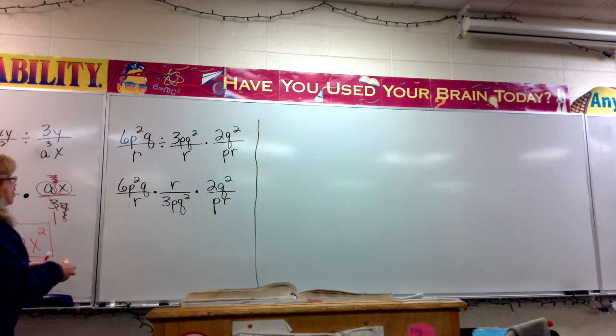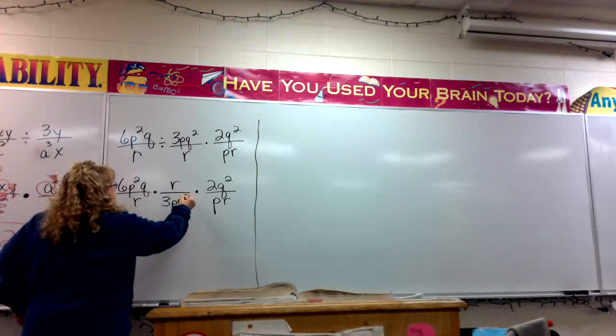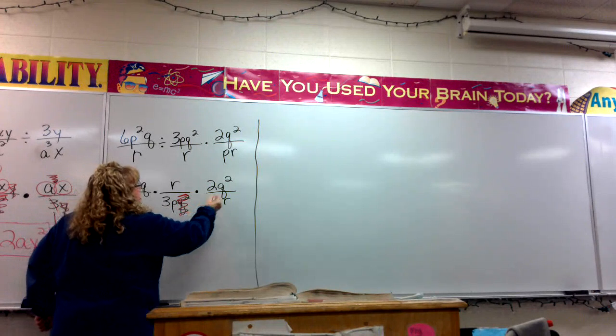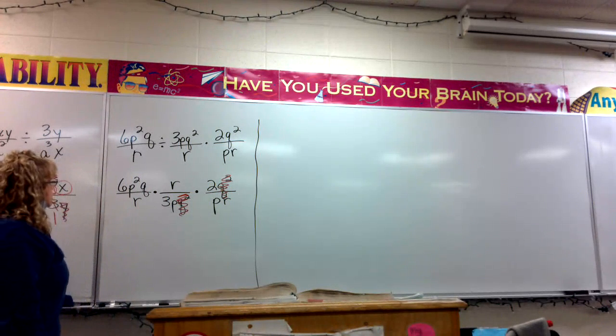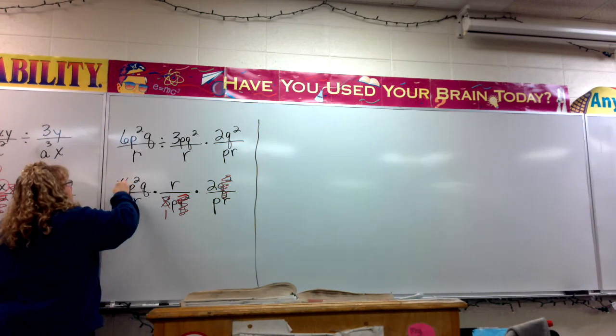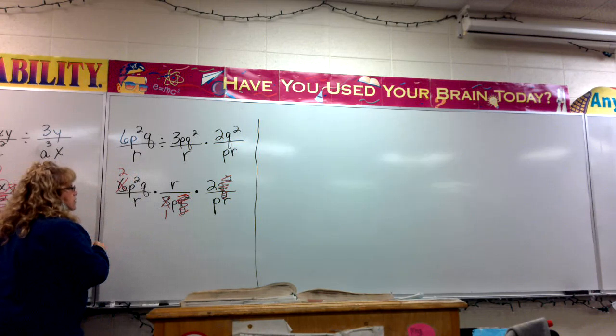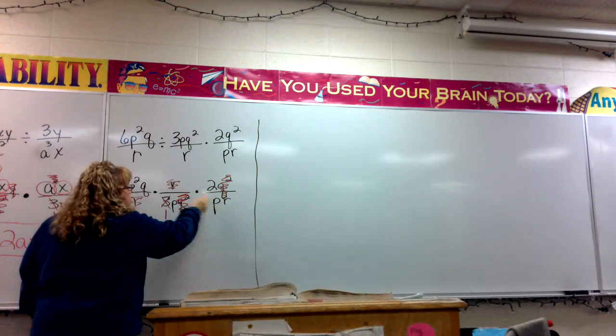So what can we cancel? Well, right off the bat, see this q squared? Bottom and top? The 6 and 3. 3 goes in there once, twice. Cancel r's here, and here, or you could have done that one too.